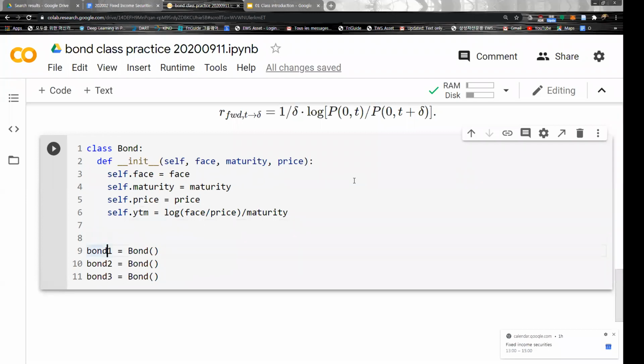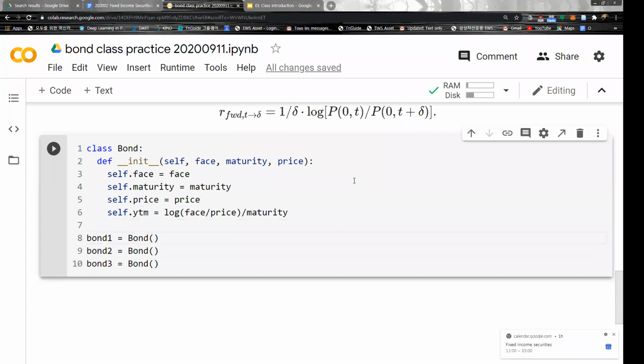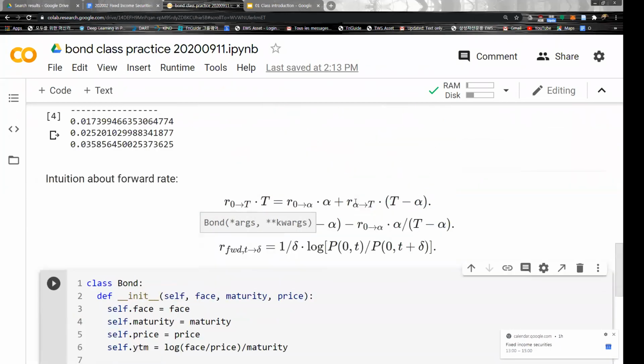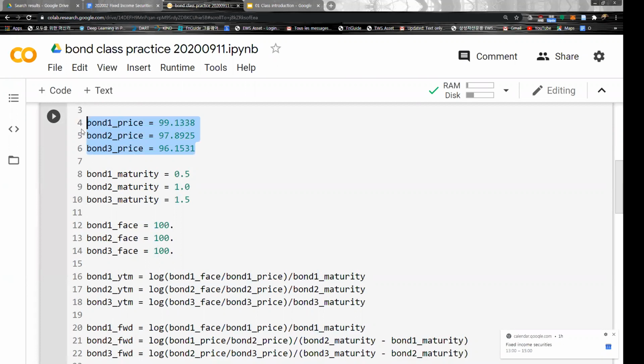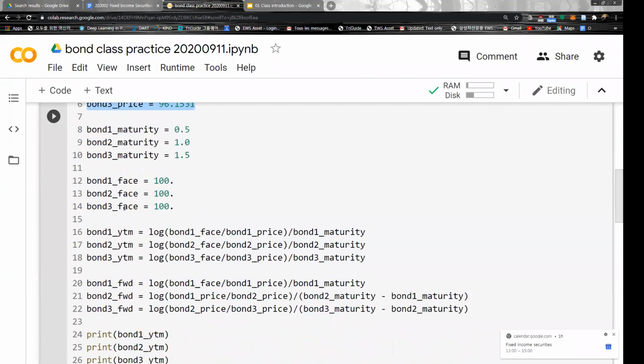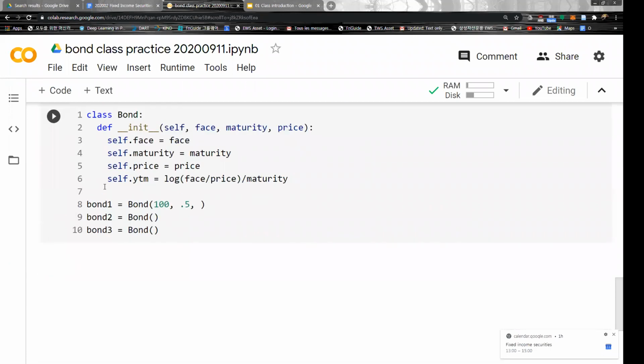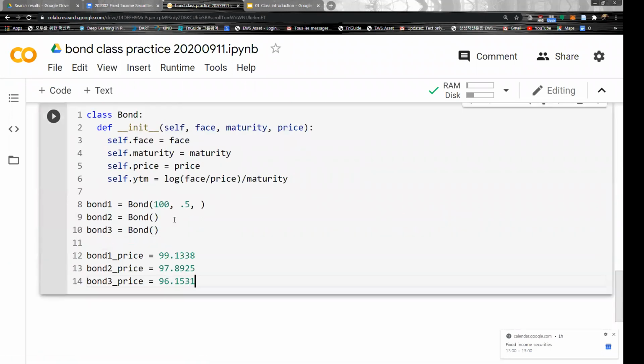So let's see. Now bond one: face value is 100, maturity is 0.5, and price, let me copy this one over here, just for the information.